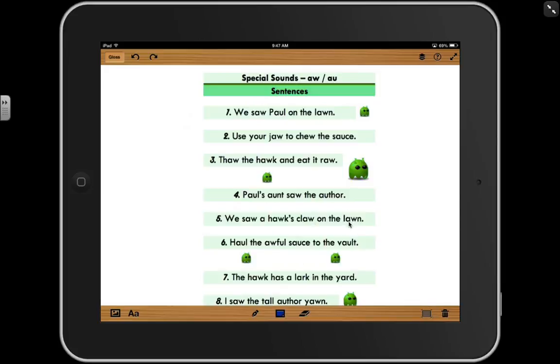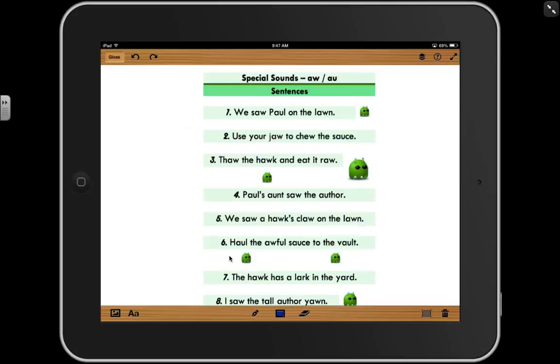Let's look here. The AW says aw. Let's read this word. Lawn. Good job. Now let's read the whole sentence. We saw a hawk's claw on the lawn. Let's read it one more time. We saw a hawk's claw on the lawn.